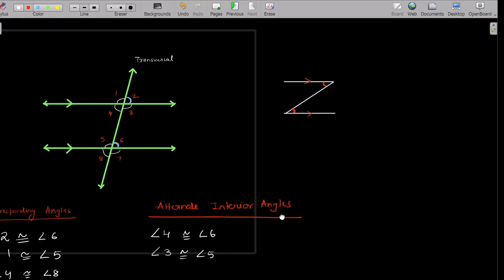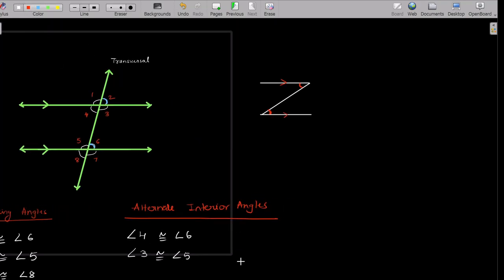Or if you see a reverse Z, like its mirror image, and if these two lines are parallel, then again you will spot alternate interior angles. Okay, and they will be congruent.